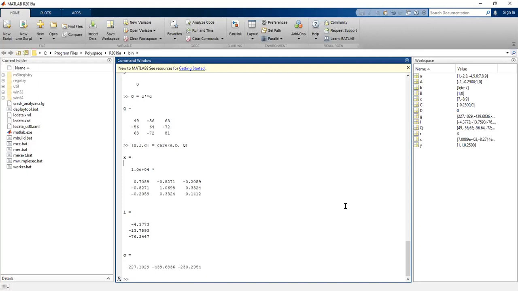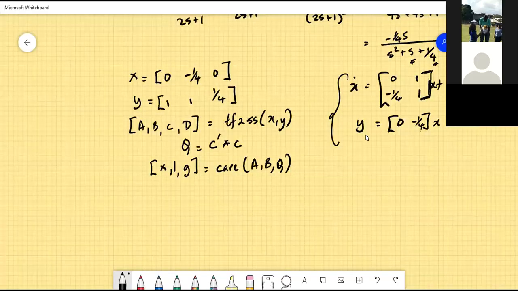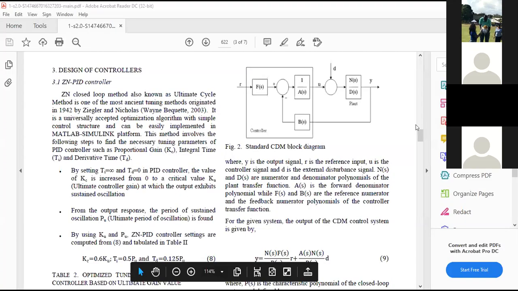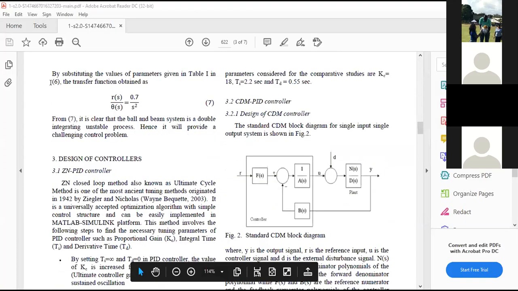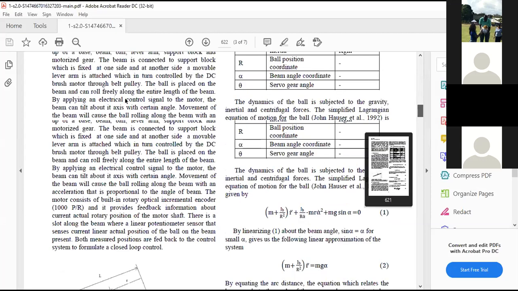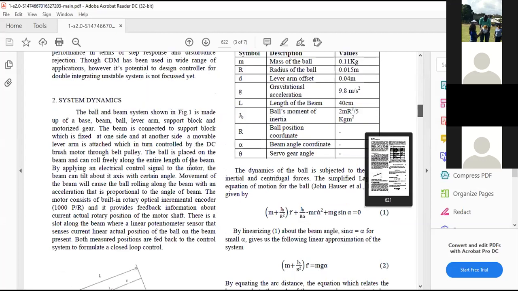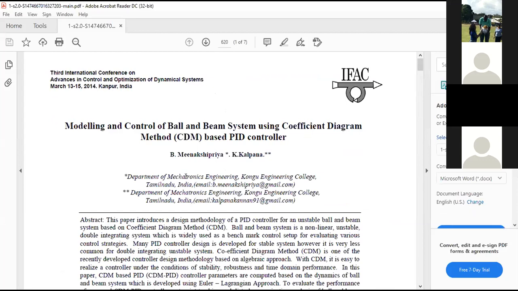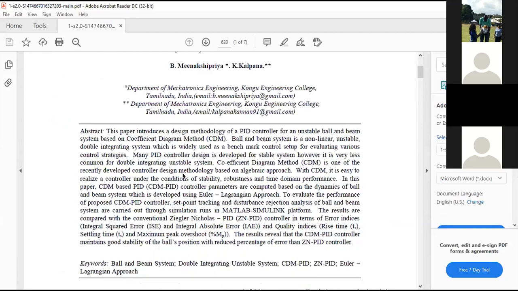So this was a paper produced by some Indian persons.